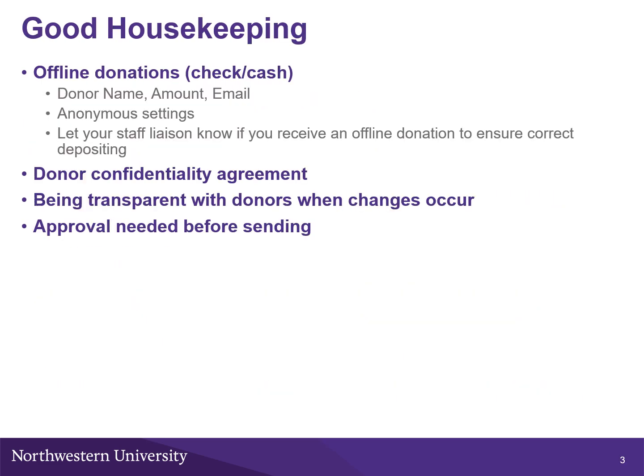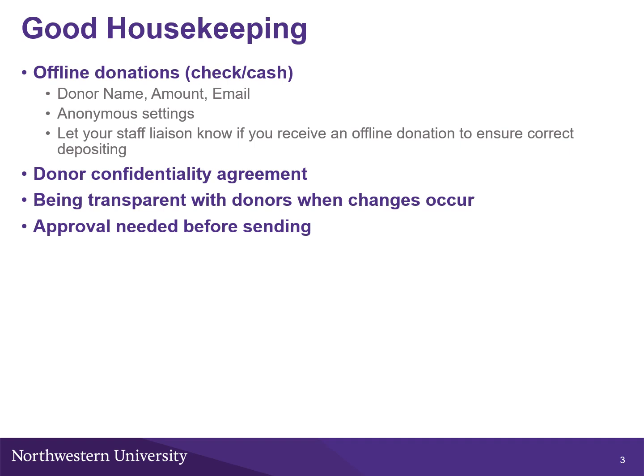A couple of good housekeeping items. So offline donations is a term that we use at Northwestern for if somebody wants to donate cash or a check and have it count towards your crowdfunding campaign. So that might be from like a family member or somebody. This happens occasionally. If you do have any potential donors who want to make an offline donation, please get in contact with your staff liaison.